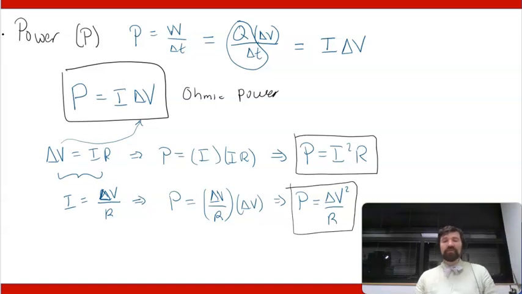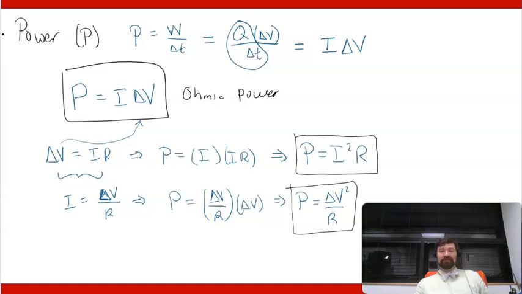When do you use each one? Well, problem solving wise, you use the one that has the unknown on the left hand side and the knowns on the right hand side, which should be obvious.